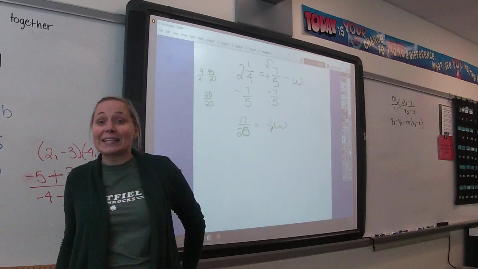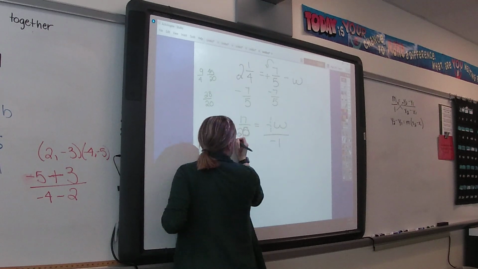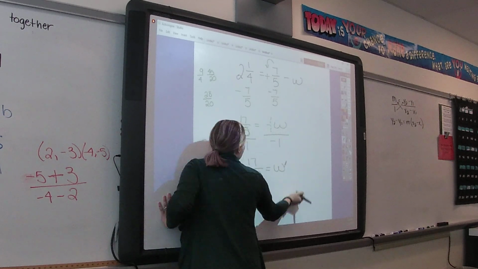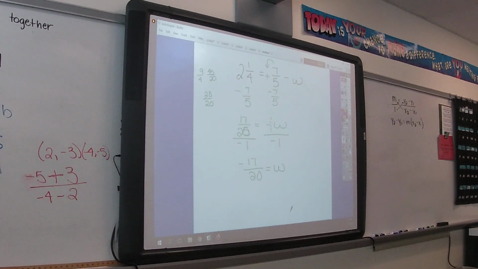That would be because of our identity property of multiplication, and I will divide by the -1. Some of my students will multiply by, I don't care, but we should be able to get rid of that negative 1 and get a negative 17 over 20. Are we okay with that? Okay.